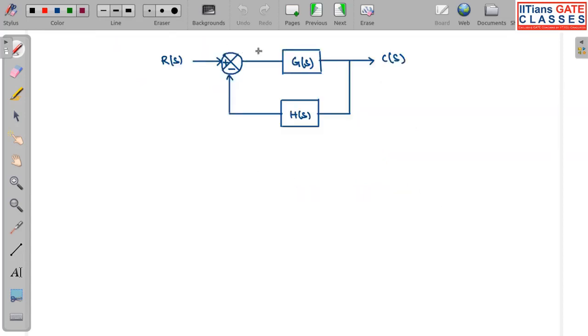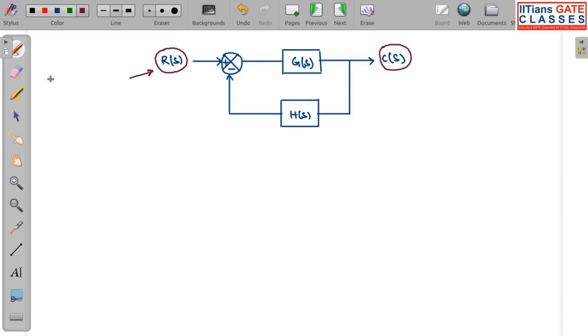So let us see using this example how we formulate your signal flow graph, your SFG, from your block diagram. Okay. So first what we need to do: this Rs is your input and this Cs is your output.